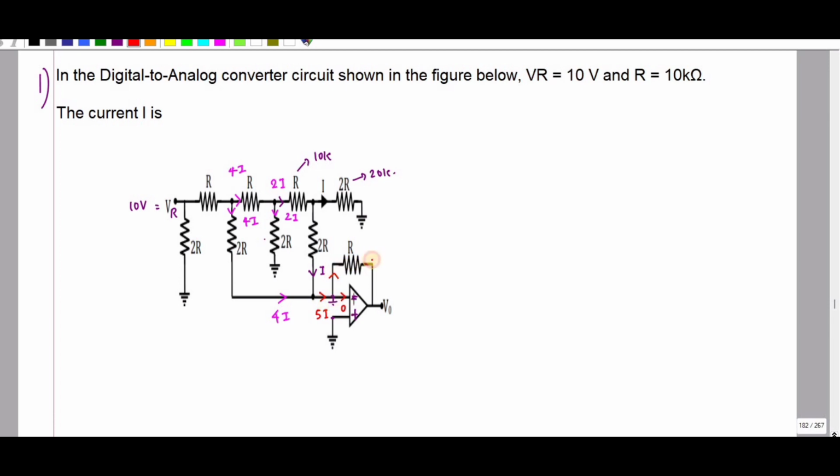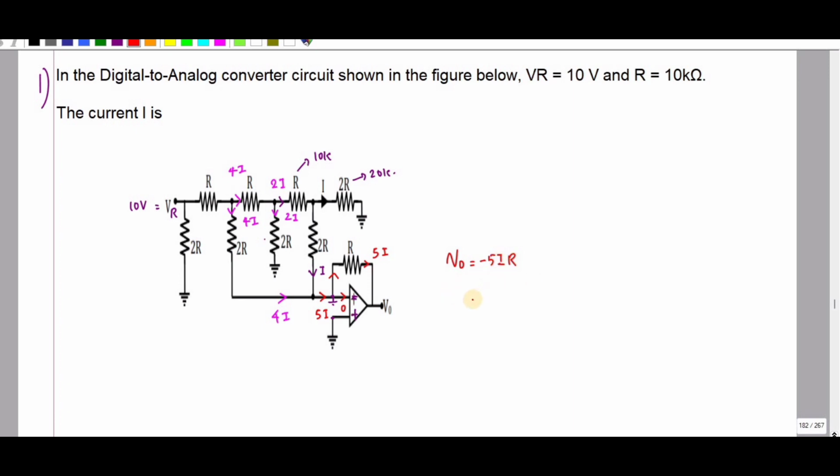So this is nothing but 5I. So I can write V naught is equal to 5I R. Since the current is flowing in the opposite direction, V naught is equal to minus 5I R.